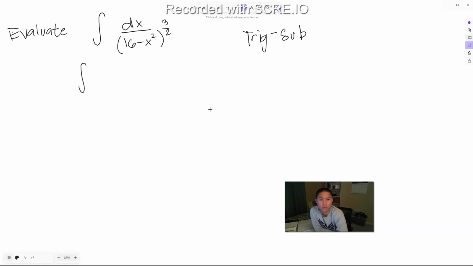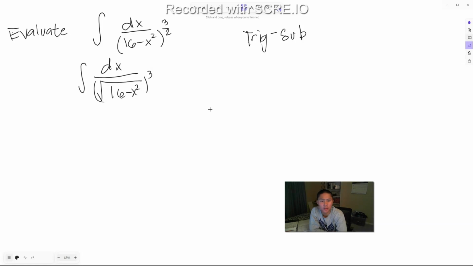Well, we can rewrite this as the integral of dx over the square root of 16 minus x squared, all to the power of 3.